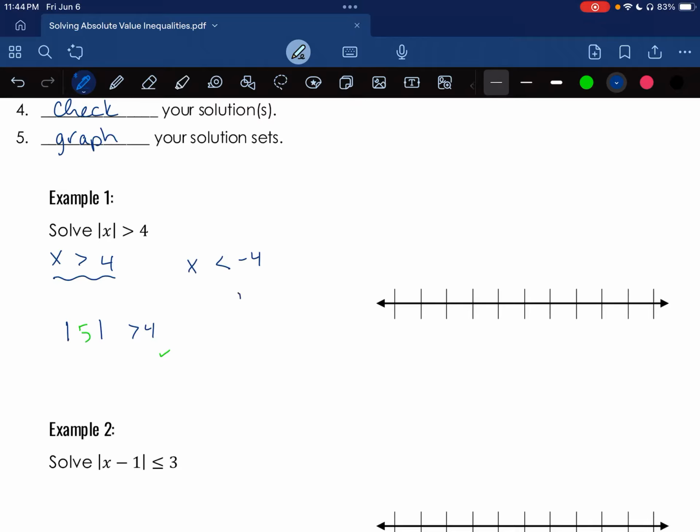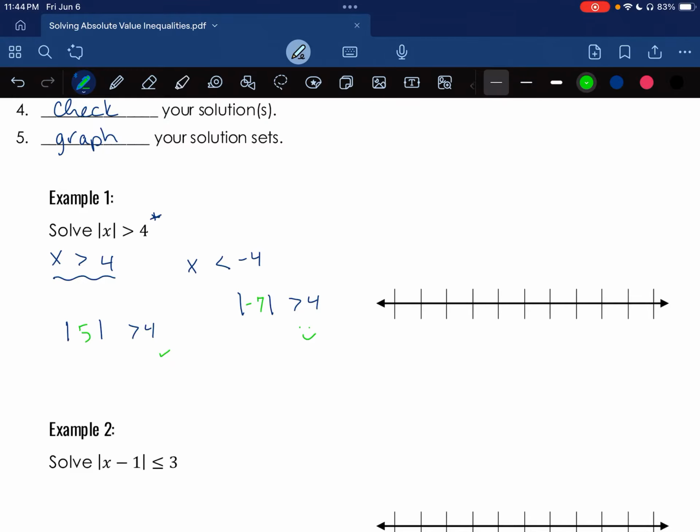And then over here, same thing, we're going back to this original expression, but now I'm looking for an x value smaller than negative 4. So let's go with negative 7. If I plug in negative 7, the absolute value of negative 7 is going to be 7, which is greater than 4, so that also works, right? So that is how we could go about checking. But we have a whole range of values that could make this true now, so we can't check all of them.